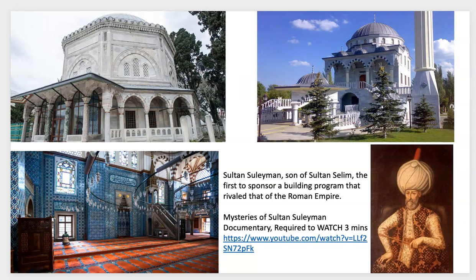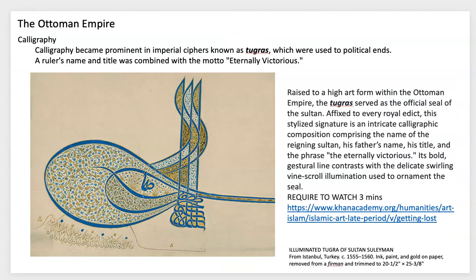And how the different sultans would spend a lot of money on these building programs to try and win back a lot of the power and control. The Ottoman Empire was very powerful within its political gain, and also still being influenced with the Islamic beliefs and religious practices.